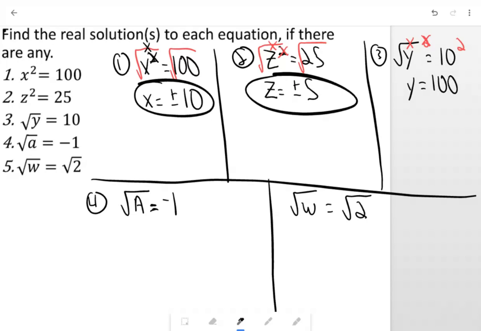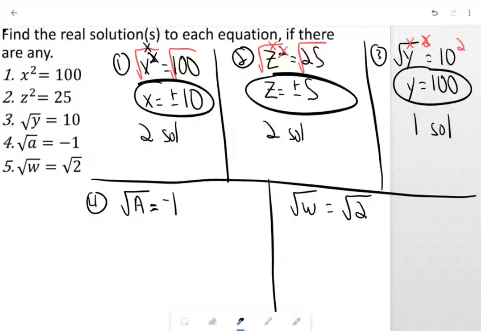I'm not going to do plus or minus here, right? Because I could square root 100 to get 10, but I can't square root negative 100. So this one only has one solution. Okay, so these two have two solutions. This one has one solution.